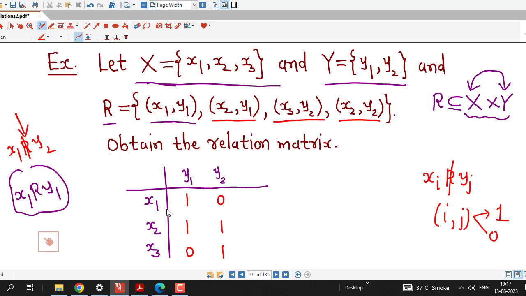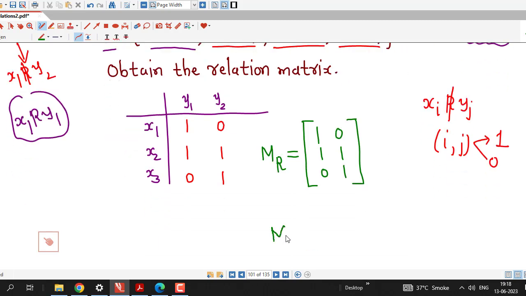So first we can prepare this type of table, and then the entries of this table can be written in matrix form, and that is the matrix of the relation: 1 0, 1 1, 0 1. This is nothing but the relation matrix, and we will denote it by M subscript R. So in general the ijth entry is denoted by mij.